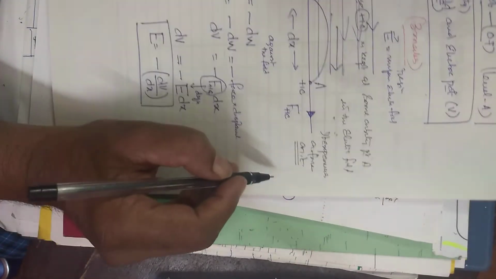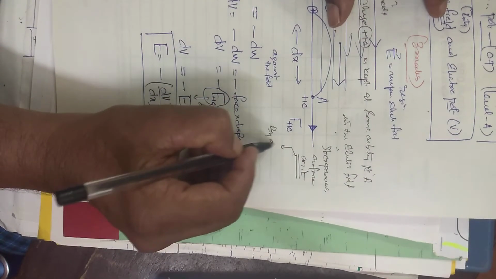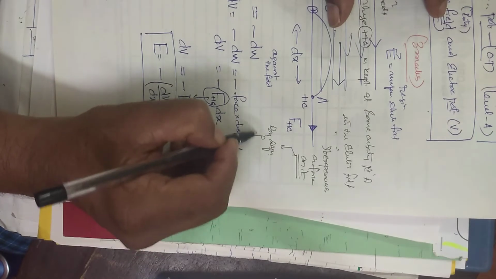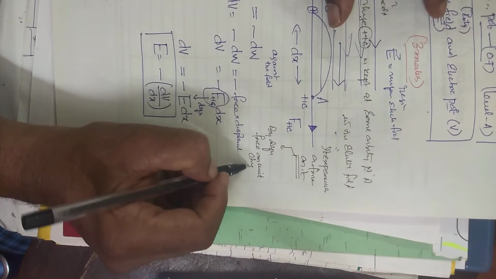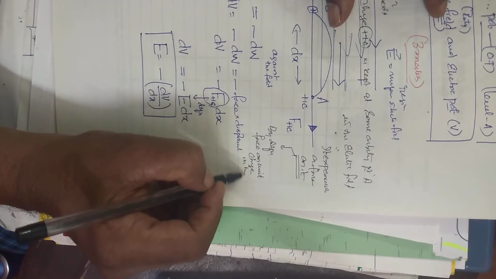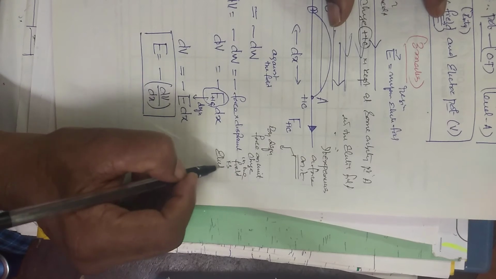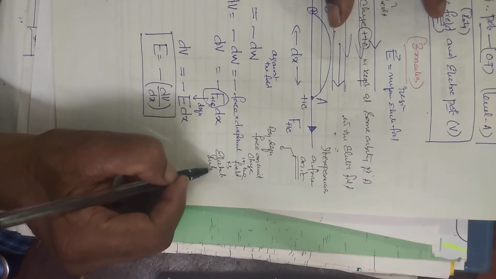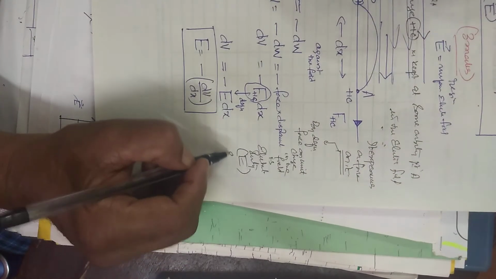By definition, the force on a unit charge in the field is the electric intensity E, or electric field.